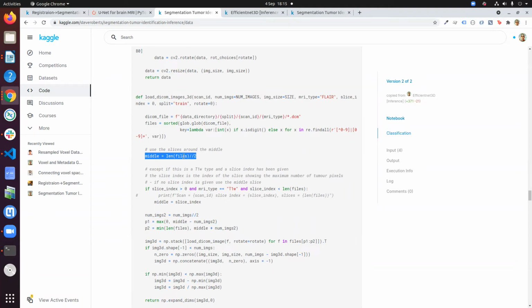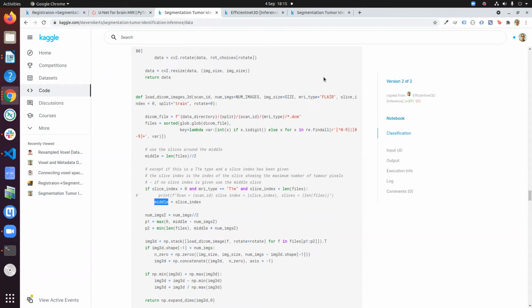But in my case, if it's T1W and I know what slice index has got the most tumor on it, then I make my middle slice the slice with the most tumor, which is hopefully the slice that's in the middle of the most. This was just a first step. I was hoping it would have given me a slight improvement on just his middle technique, but it didn't.